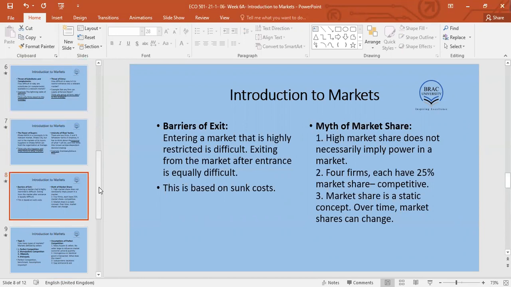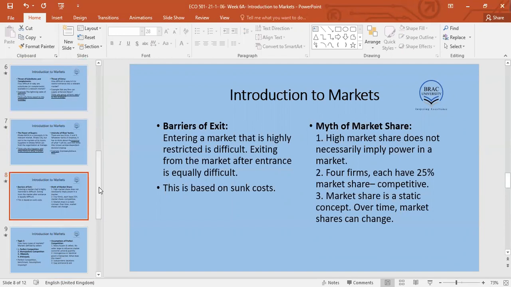It requires huge technical management capacity. It also requires some legal loopholes in order to enter the market. Once we enter the market, it becomes a sunk cost. Now we're going to take the concept of sunk costs to a different level and see what happens.